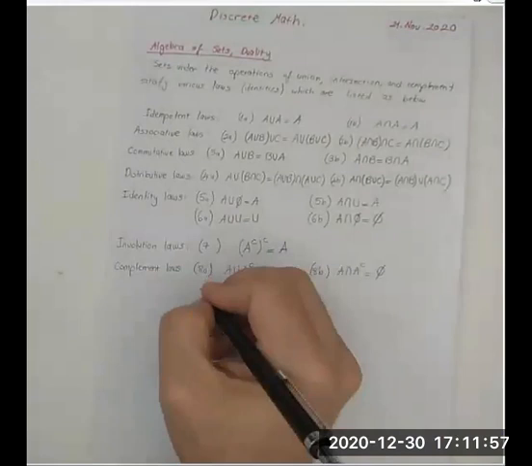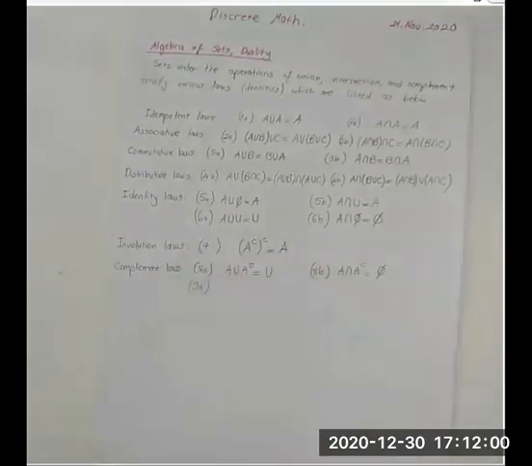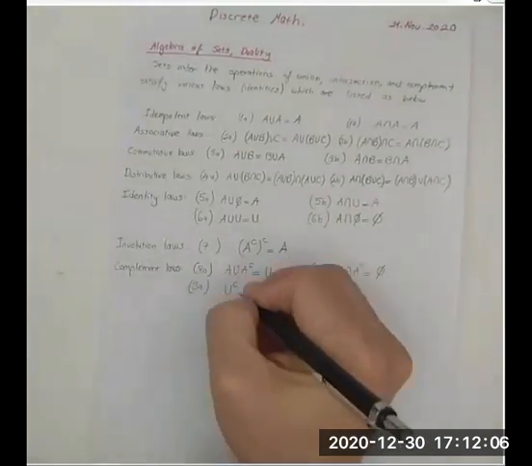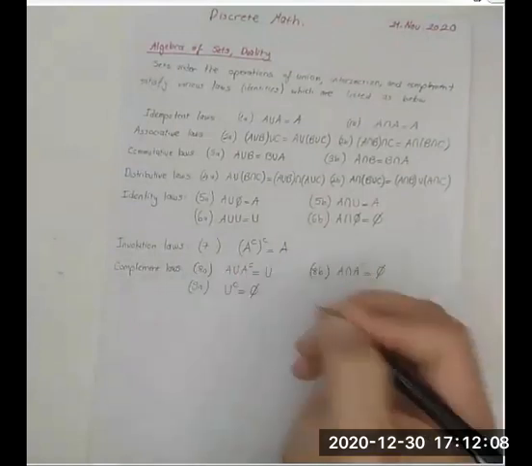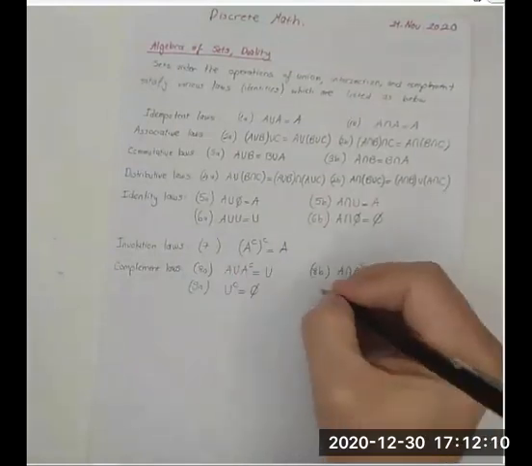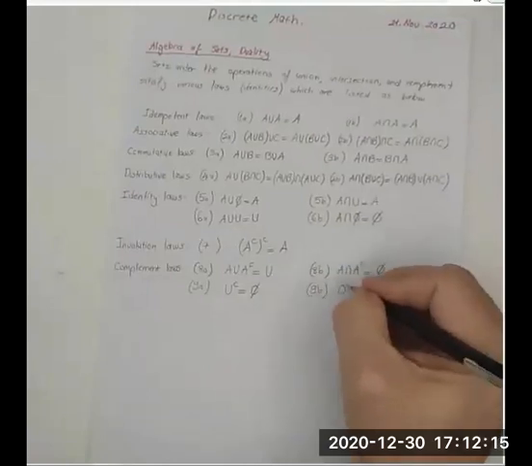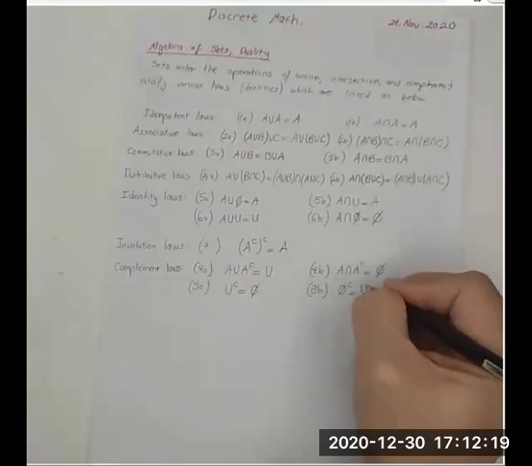And 9A, this is kind of a summary also, universal set complement is equal to empty set, and 9B, complement of empty set is equal to universal set.